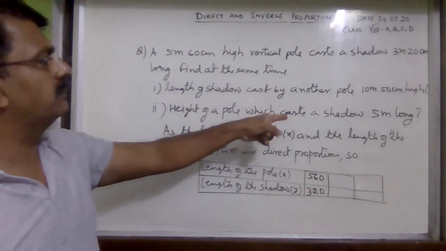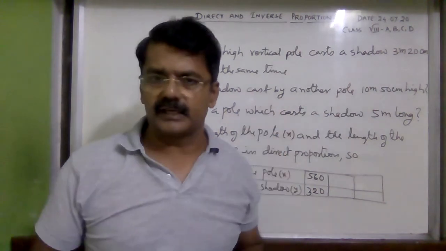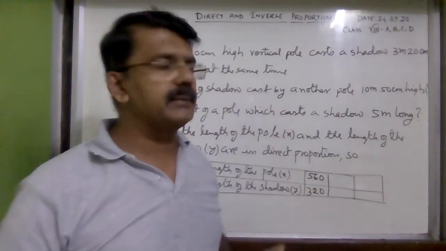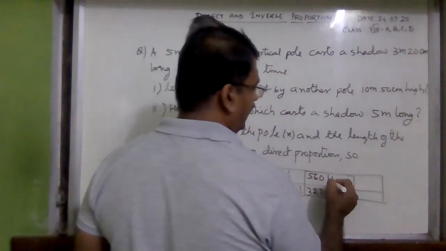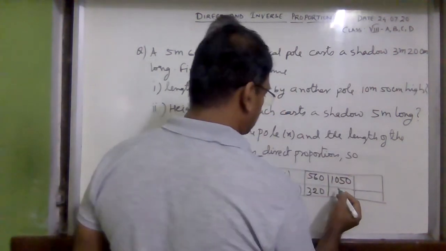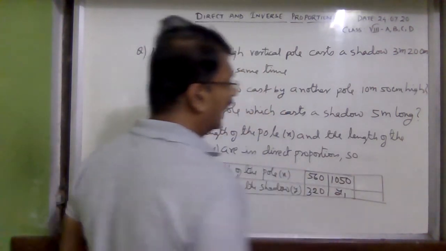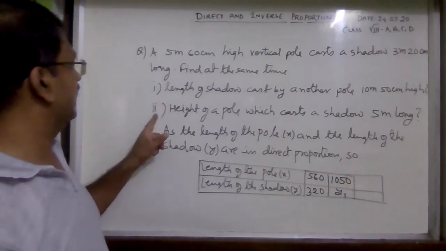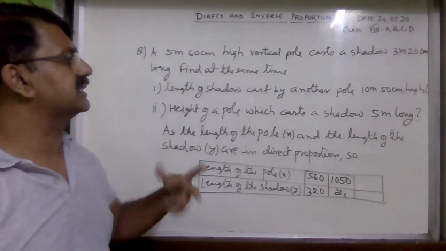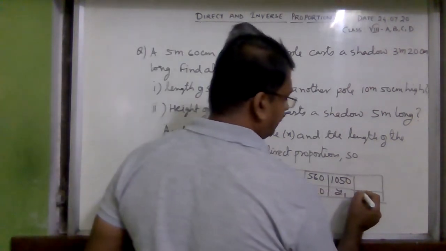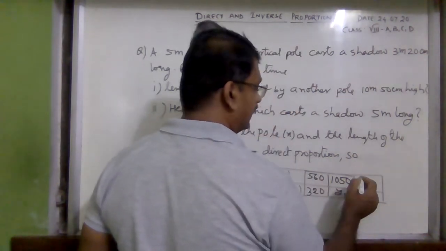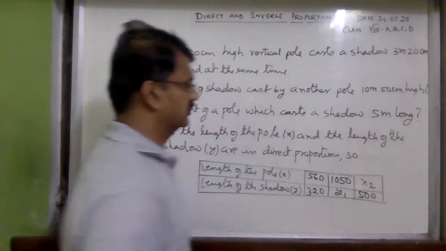The length of the other pole is 10 meter 50 centimeter. 10 meter means 1000 centimeter plus 50 centimeter, so 1050. And this you have to find. And then second part, the height of the pole which casts a shadow of 5 meter long. 5 meter means 500 centimeter. So this is 500 and you have to find this x2.